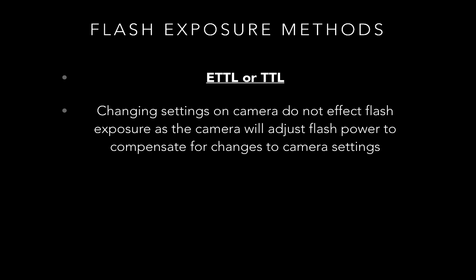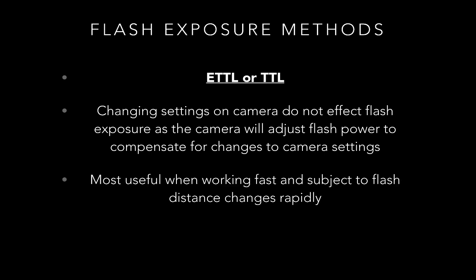It's going to read that exposure through the lens, and it's going to know, hey, something's changed. We want to turn this image 18% gray. So instead of being at 1/2 power, I need to now be at 1/64 power. So as you change your controls on your camera, TTL will change the exposure output of that flash.